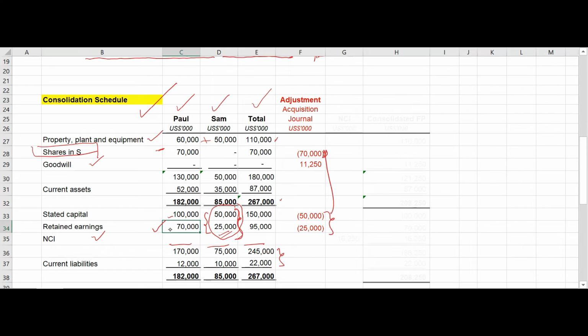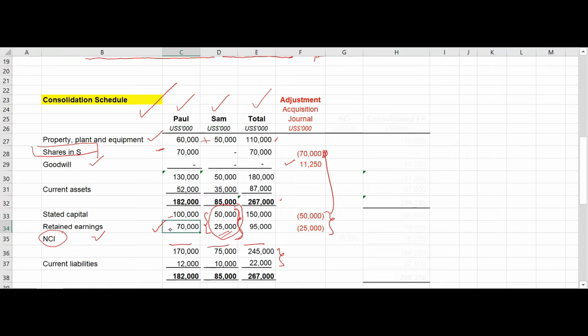Apart from that, we have to recognize the goodwill, and also we need to recognize the non-controlling interest. Okay, the non-controlling interest balance will appear in the equity and reserves section of the consolidated financial position, because this will reflect the fact that although the parent company controls the net assets of the subsidiary company, the non-controlling interest legally owns a proportion.